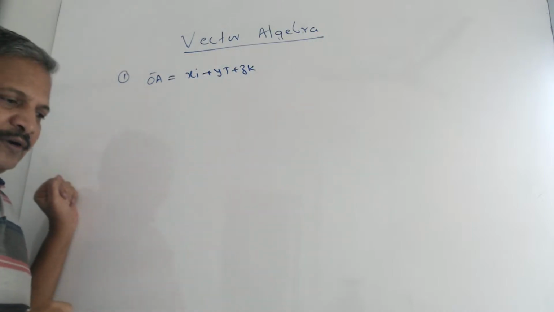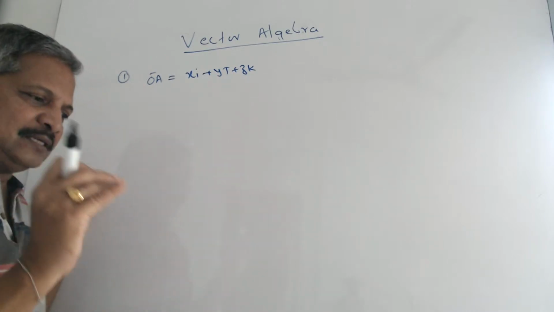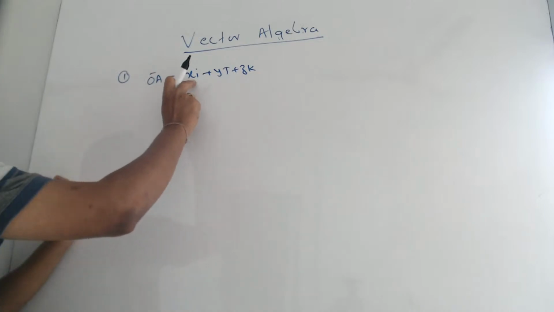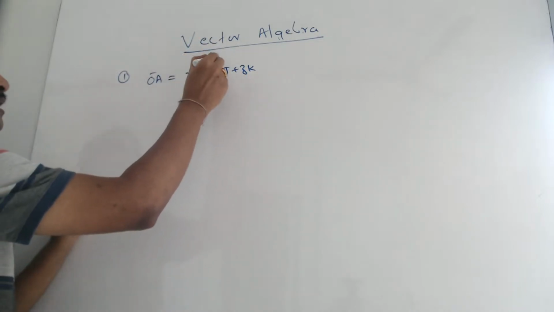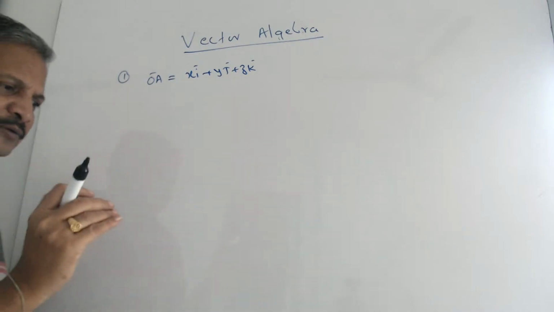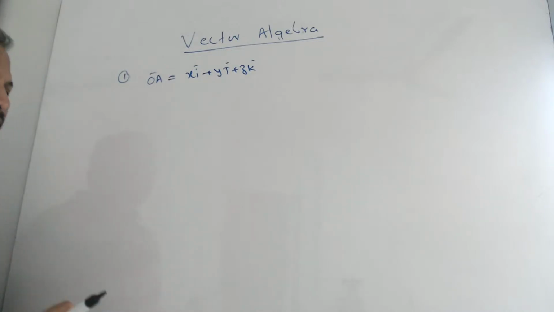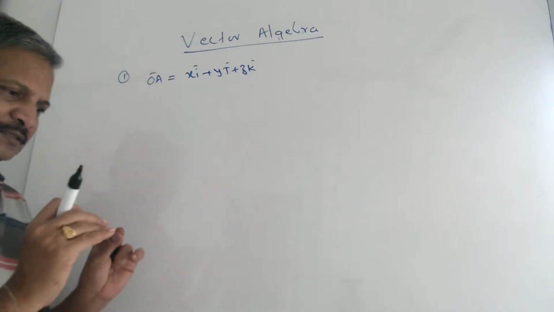This is the general notation, or r bar is equal to xi, yj, zk. This is called a vector. You can say i cap, j cap, k cap; i, j, k are unit vectors along the x, y, z directions, so the general representation is OA bar equal to xi, yj, zk.